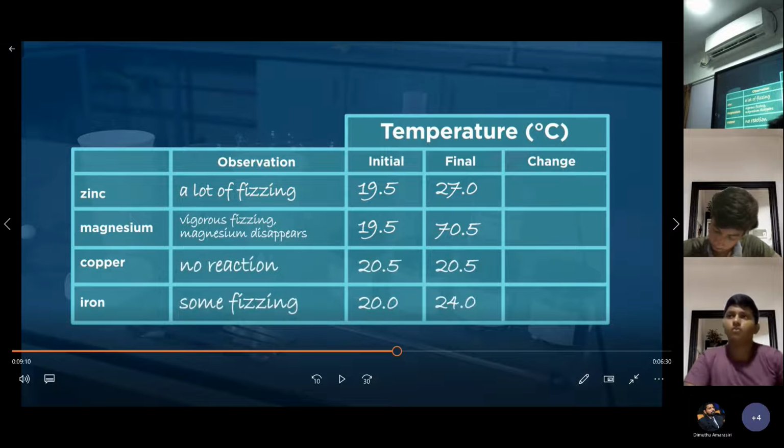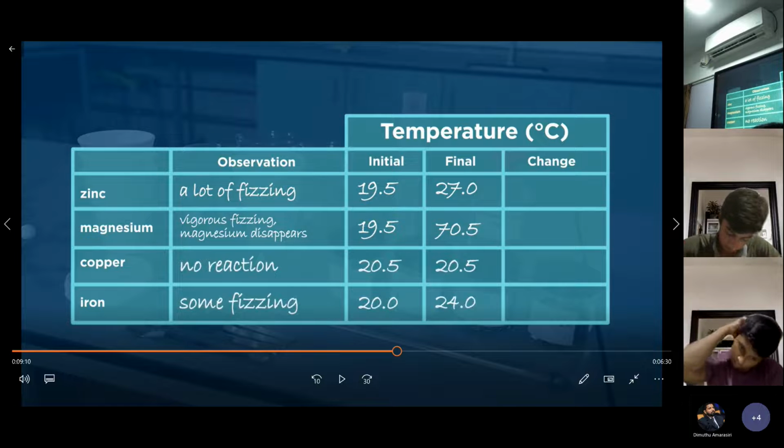Very good. So you wrote the conclusion, very good. But you need to give the observation table. You have to find the temperature difference. And also you have to look at the observations and decide why magnesium is highest. Why magnesium is highest? Anyone online, can you tell me why magnesium is highest in the reactivity?